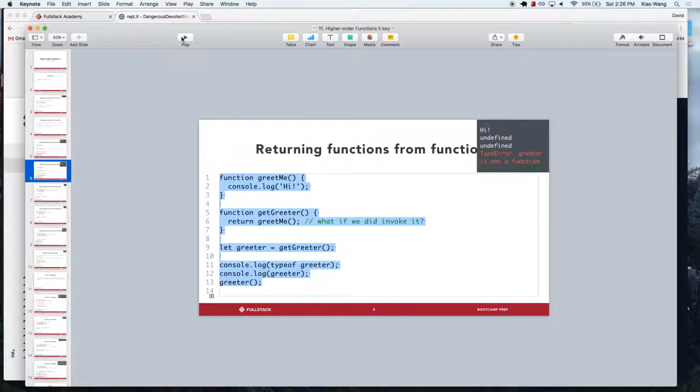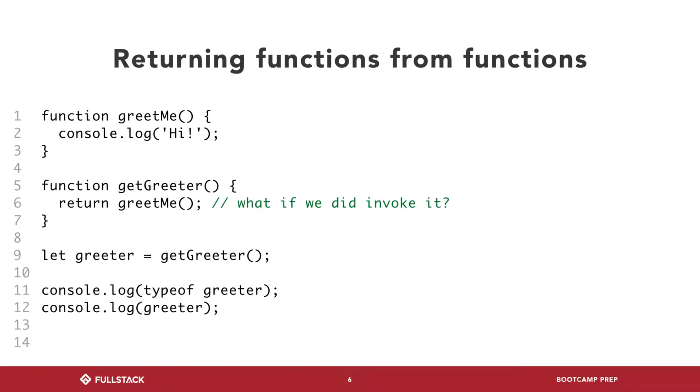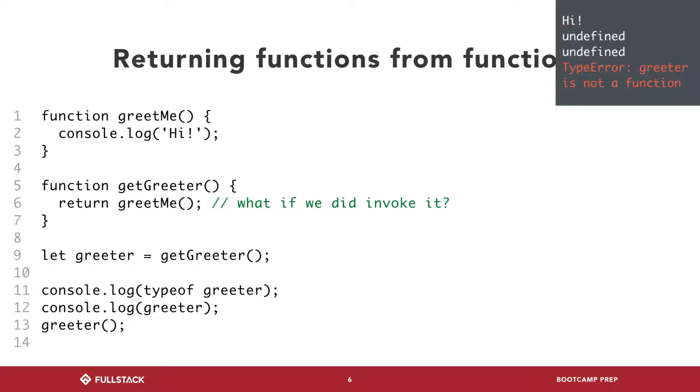Okay, so if we agree that greeter is going to be undefined, then obviously on the last line, line 13, when we try to invoke greeter like we did last time, we're going to get an error because you can't invoke undefined. In fact, the error is very explicit, saying greeter is not a function, so we can't invoke it.